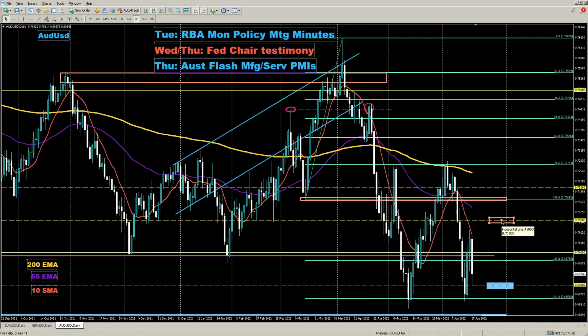And 71 is still the next range for resistance, while above that is the strong support at this swing low.